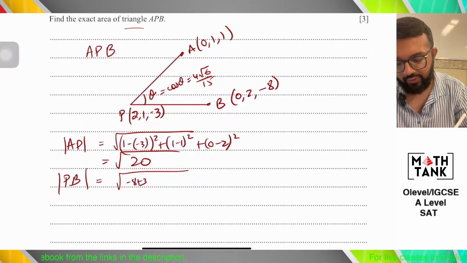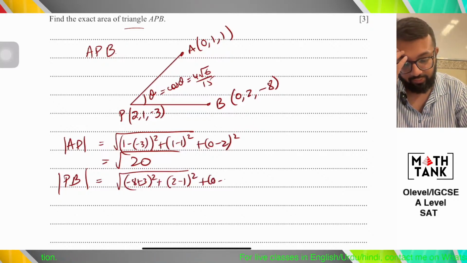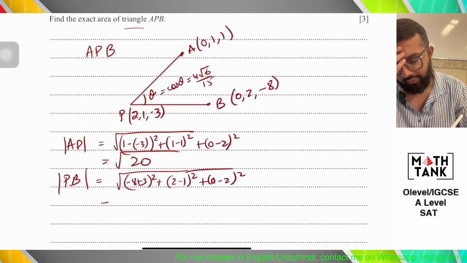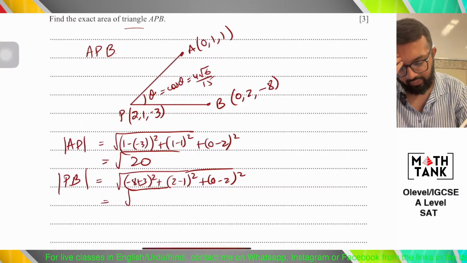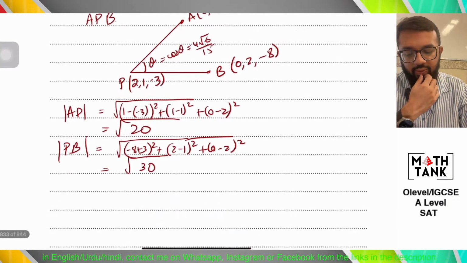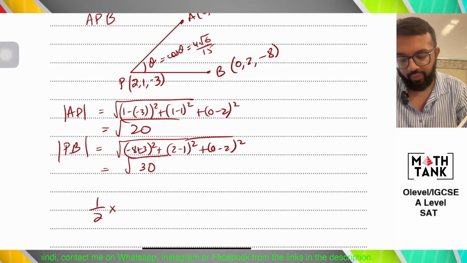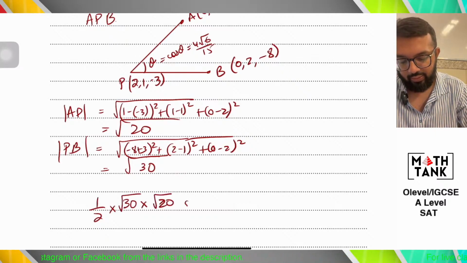Then minus 8 plus 3 whole square, 2 minus 1 whole square, and 0 minus 2 whole square. 25, 26, and 30. So half AB sine of theta.